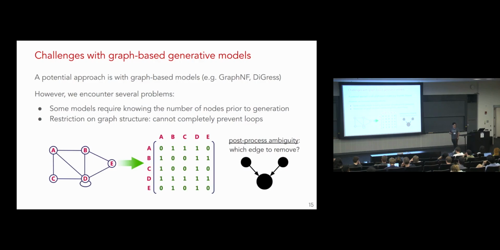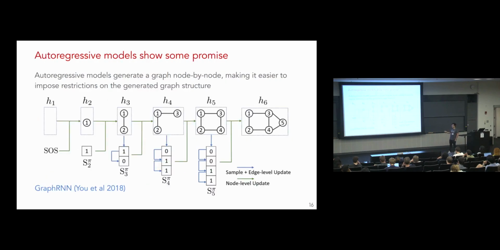Another way that people have approached graph generative models is with autoregressive models. This is an example of an autoregressive model called graph RNN. This is designed for any kind of graph structure, so it's not specialized for trees yet, but it has some potential. The way people do it is they start from an empty graph and generate one node at a time, right? So they have the starting token, they generate one node, and they generate some kind of edge.